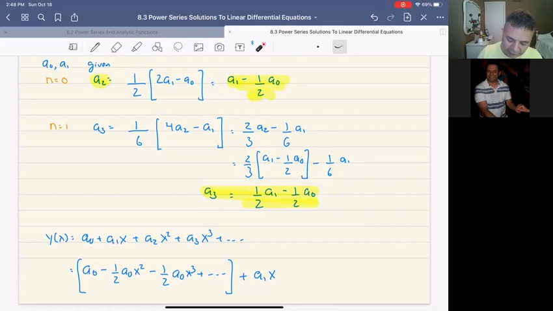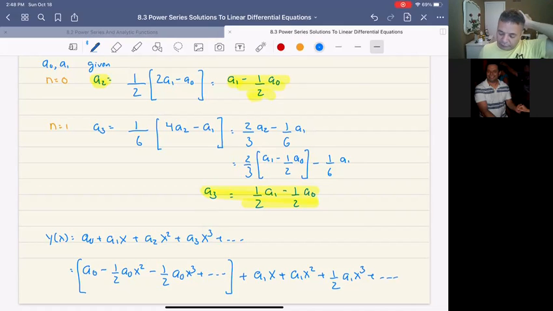Yeah, no, it has just the 1, so it has plus a1x squared. A3 has 1/2 a1. Okay, so this is our solution.